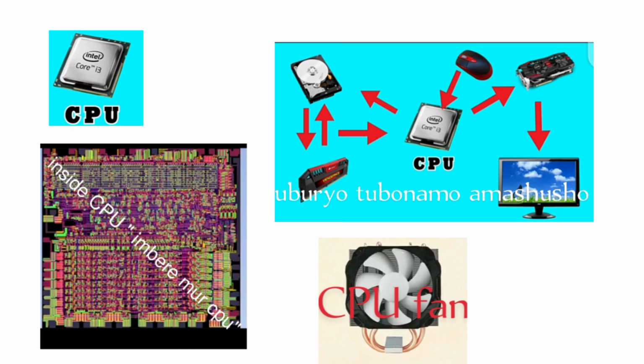Secondly, we have the CPU or processor. This is the brain of the computer. It processes the data. It means that without the CPU, the computer cannot work. Here we have seen the inside of the computer, or inside of the processor.